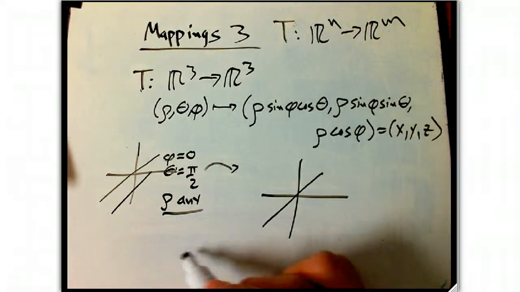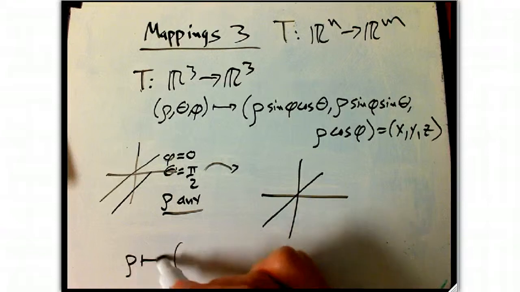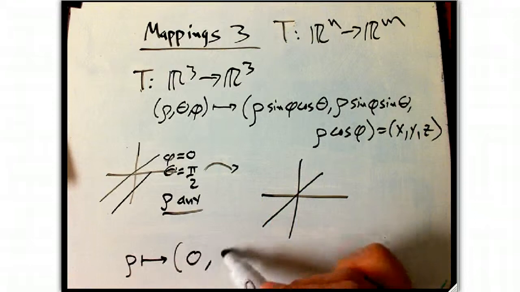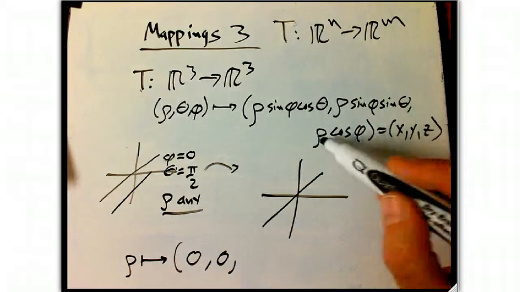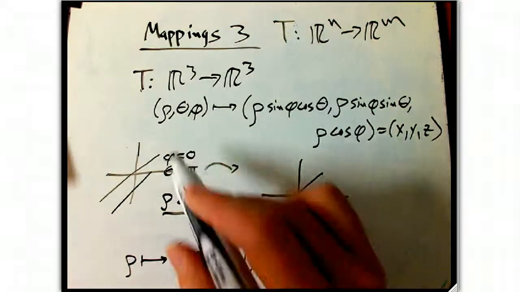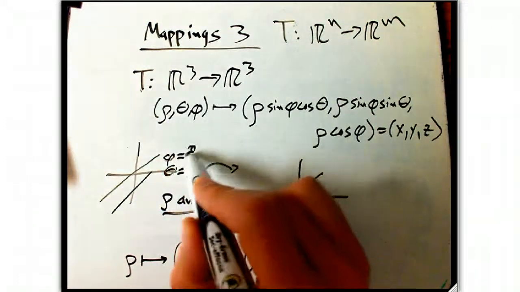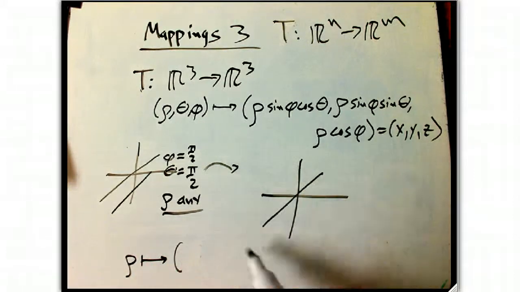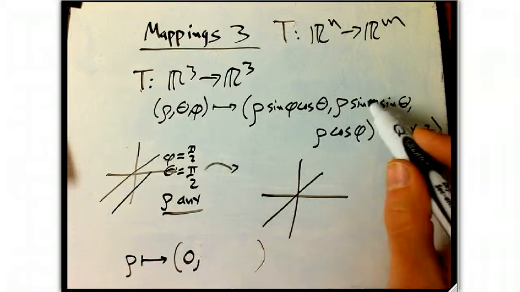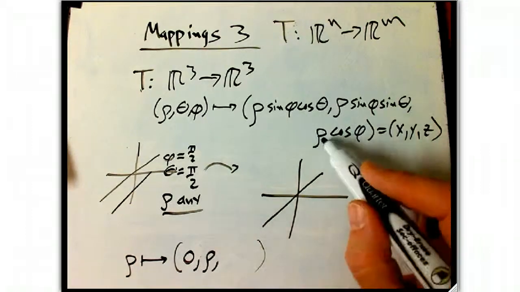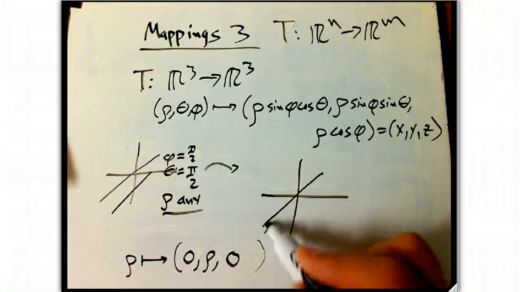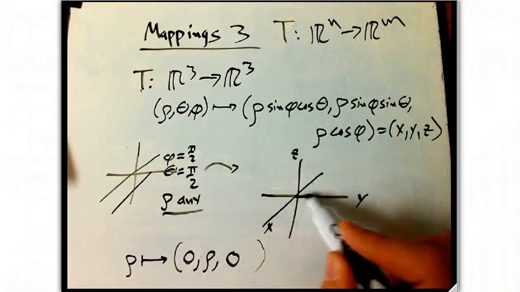That's going to be the parametrized curve where we take some number rho, and then sine phi is 0, so we just get 0, comma, 0, comma, and then cosine phi is 1. Of course, the pi over 2 actually didn't matter there. I'm going to switch that, since it's not as interesting. How about phi equals pi over 2? Now it's going to be rho, 0, and it's going out in this direction.